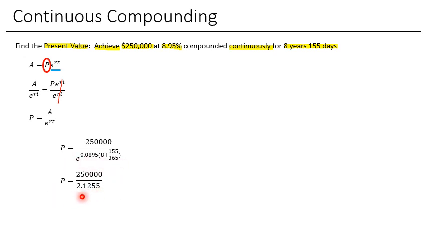I rounded that a little bit, and whenever you're rounding inside of a problem, I know that I'm eventually going to round to the cents, so I always take it out 4 or 5 decimal places to begin with. That way you won't have problems. So when you perform this final calculation, you find that your present value needs to be $117,619.38. Okay, I know that was a lot. But hopefully you can look back over this slide again if you've got some questions.